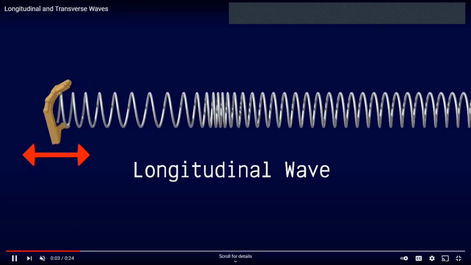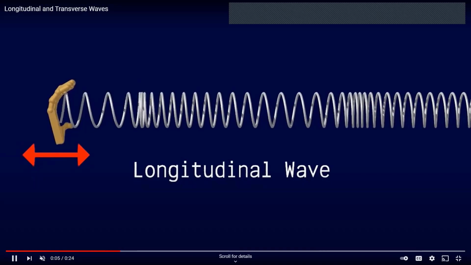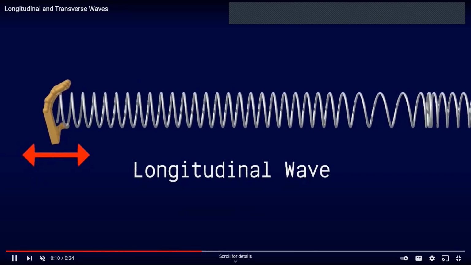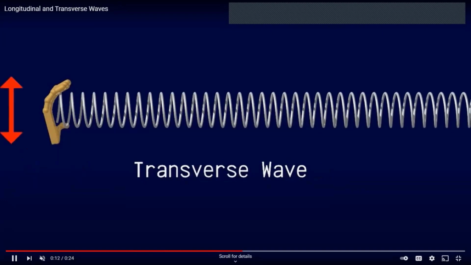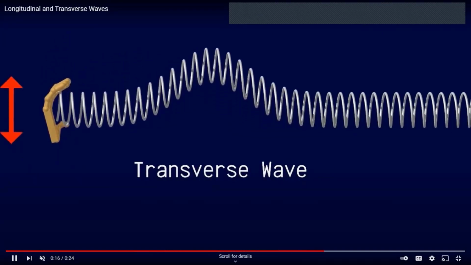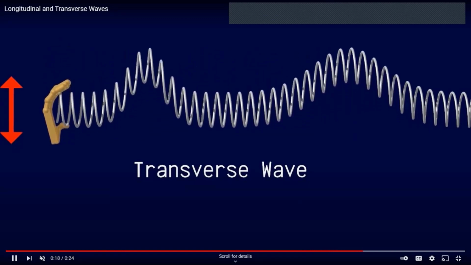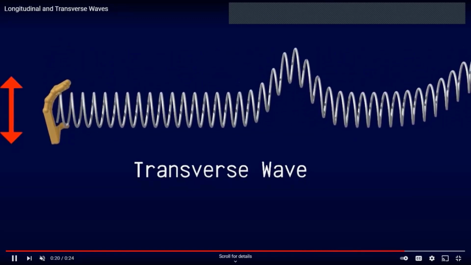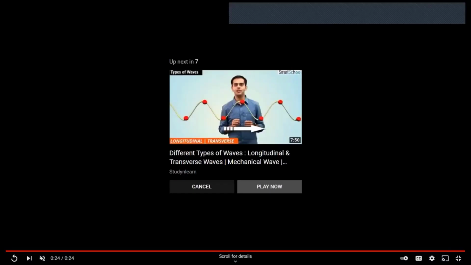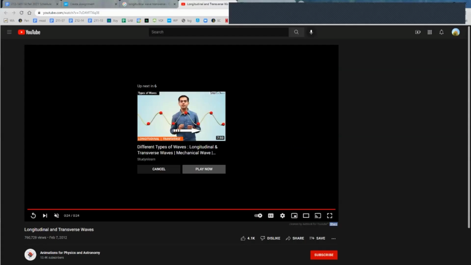In a transverse wave, the medium is bouncing up and down perpendicular to the wave direction. So here comes a transverse wave. The medium is bouncing up and down vertically while the wave velocity is still horizontal. That's a transverse wave. Light waves are transverse waves. Sound waves are longitudinal waves.